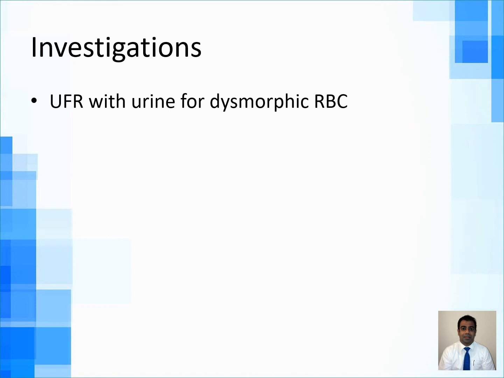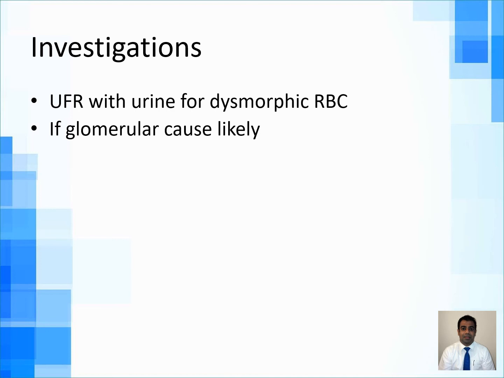And if your history and examination have not been able to differentiate whether this is an upper tract or a lower tract bleed, or if there is doubt, then you do your dysmorphic red cells. I've mentioned repeatedly that a dysmorphic red cell percentage of more than 70 to 80% would definitely indicate a glomerular pathology. If it is less than 20%, a glomerular pathology would be unlikely.